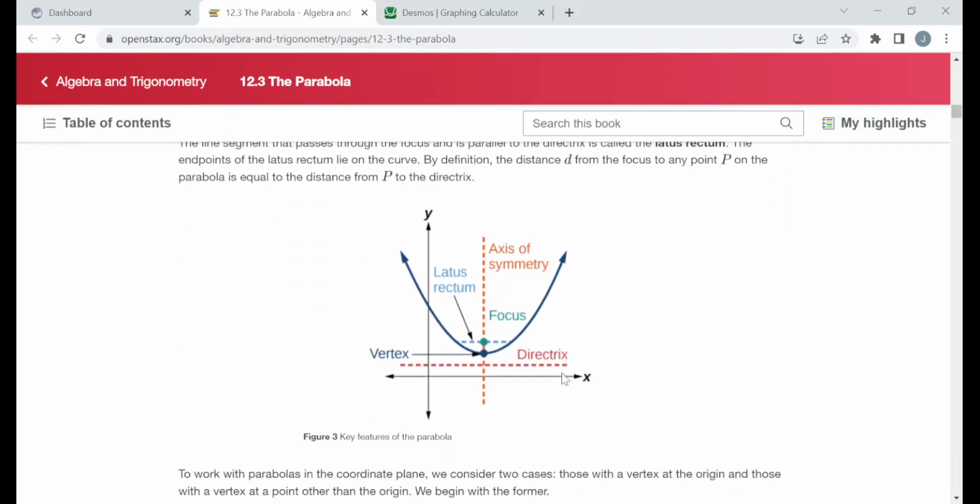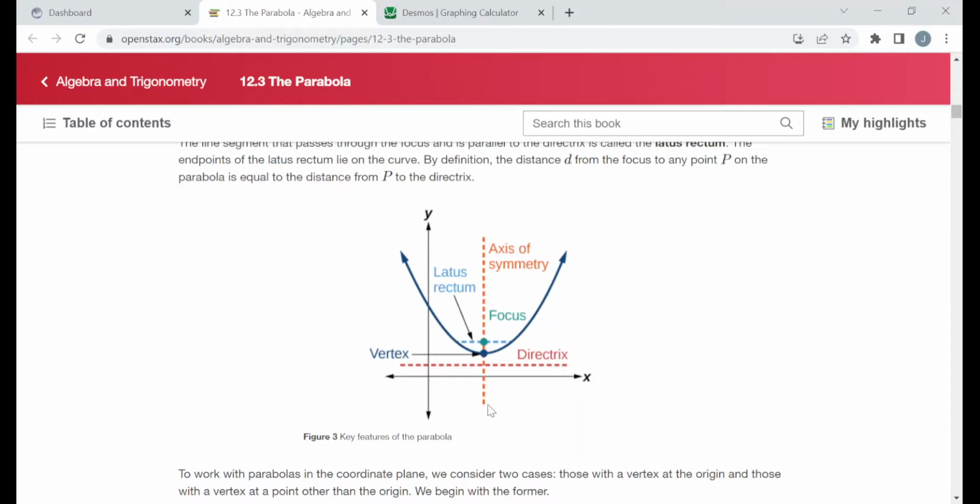Here's a picture of a parabola, and all our graphs will look something like this. How the parabola is oriented will change. But there's a vertex, which in all the examples in this video will be at the origin. You may recall from studying quadratic functions that there was an axis of symmetry.